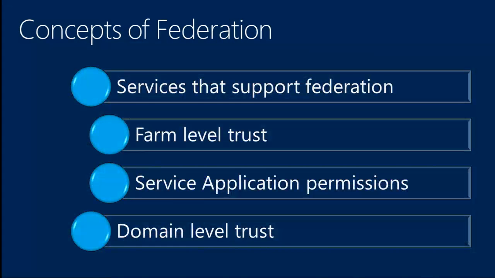The concepts of federation, and this is also going to be important when we're troubleshooting our issue, is that we have the particular services that support them. We've listed them. But two of the services, Secure Store and BCS, require domain trust if you're going across domains. Now, in my particular environment, these two farms are going to be in the same domain, but had I wanted to venture out, in order to get those two services to work, it would be a domain trust.